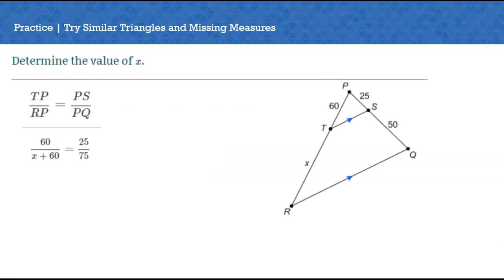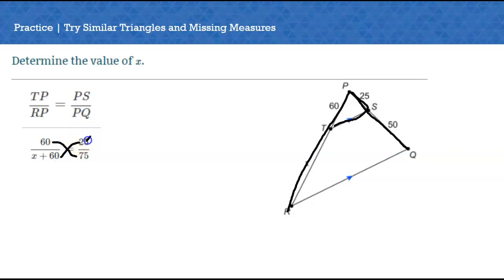We can use this information that we've learned to solve for missing measures. So here we can set up a proportion, TP over RP is equal to PS over PQ. We see 60 over 60 plus x is equal to 25 over 25 plus 50, which is 75. In order to solve for x, we're going to cross multiply.